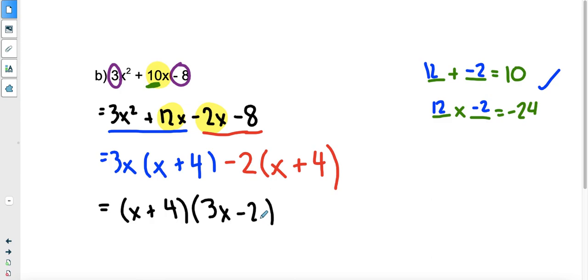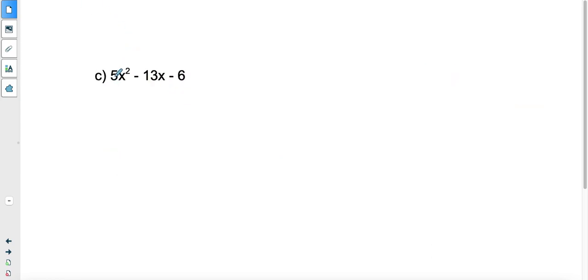Let's take a look at one more example, just to make sure we're getting this. So, 5x squared minus 13x minus 6. Again, what do we need to do? We need two numbers that add to give me the number in front of x. So, I need two numbers that add to give me negative 13.